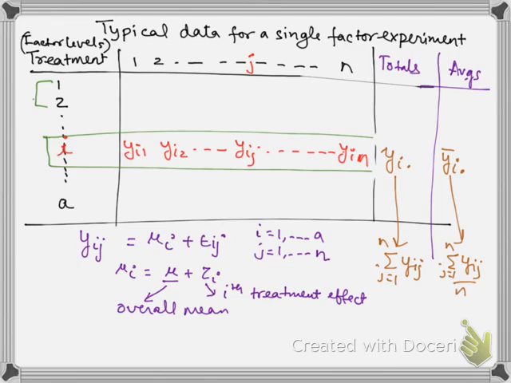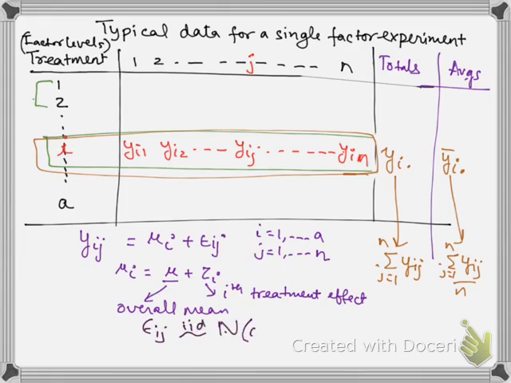So this is the sum of the observations in this group, and this is the mean of the observations in this group. Also, we assume that the error terms are independently and identically distributed with mean 0 and variance sigma square.